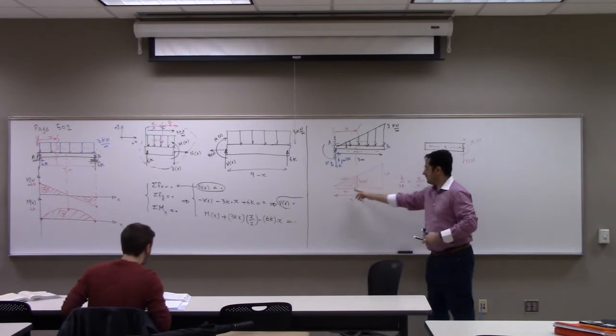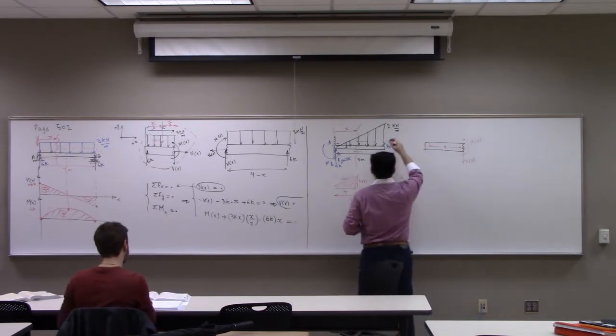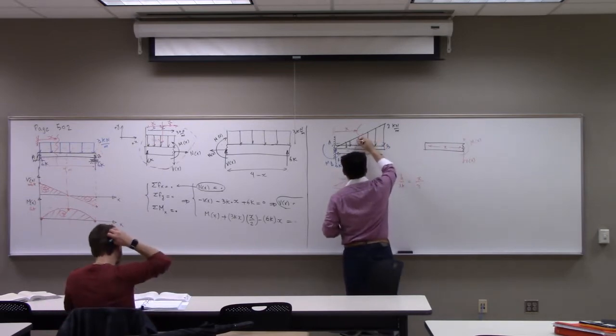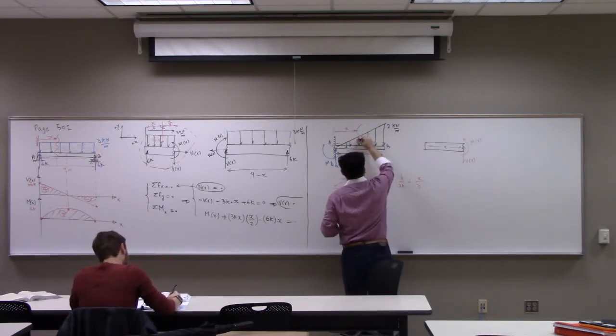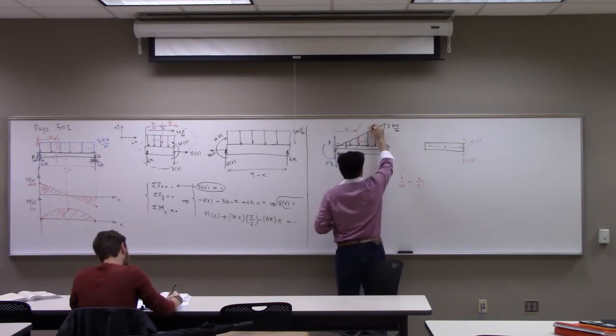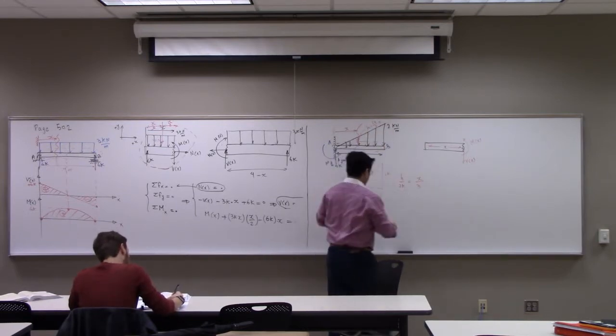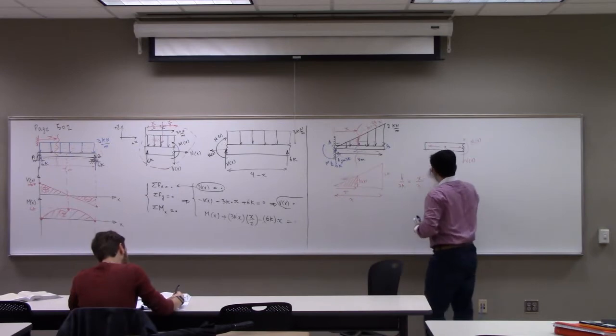H over 2k is equal to x over 3. And that would give you h of x, this height. This height is equal to 2k divided by 3 times x. Right, from here to here. Now I have the h.